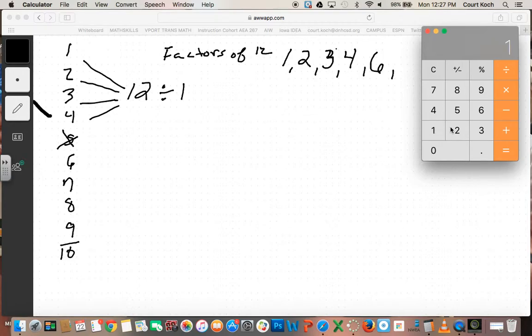Let's try 8. 12 divided by 8 is 1.5, still not a whole number. It has a decimal along with it, so this is a no-go. How about 12 divided by 9? That's 1.3333333. Decimals, not a factor. And let's try 10.